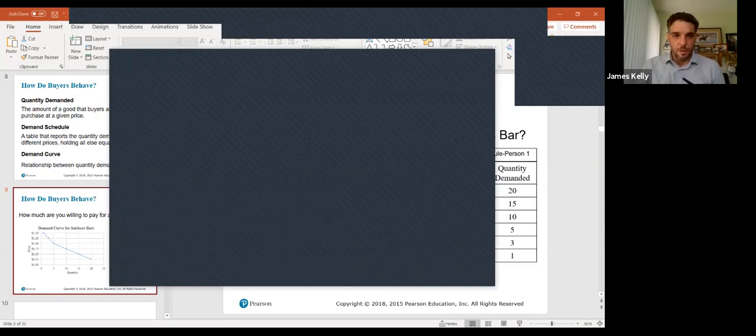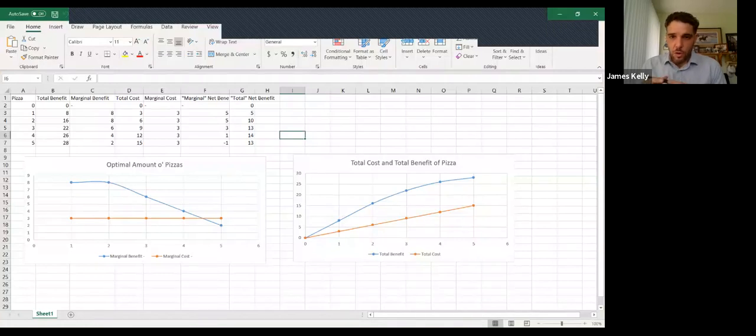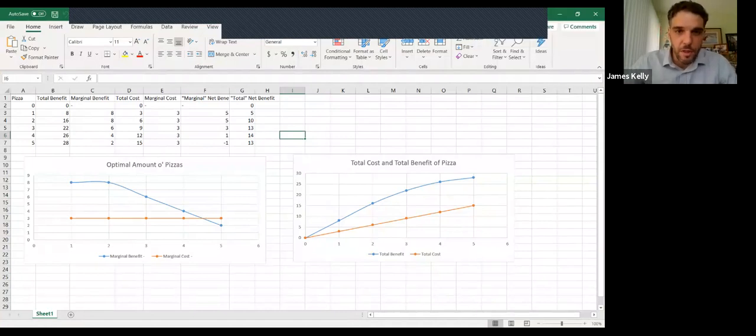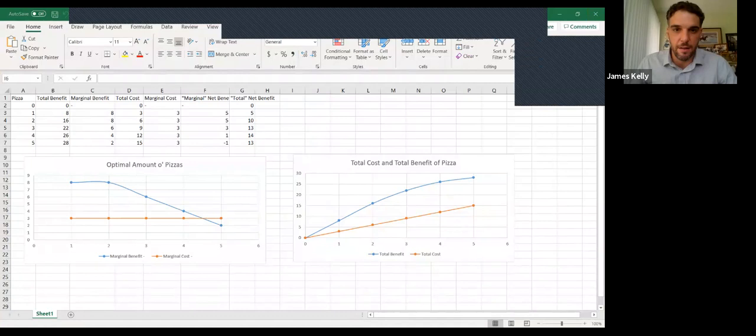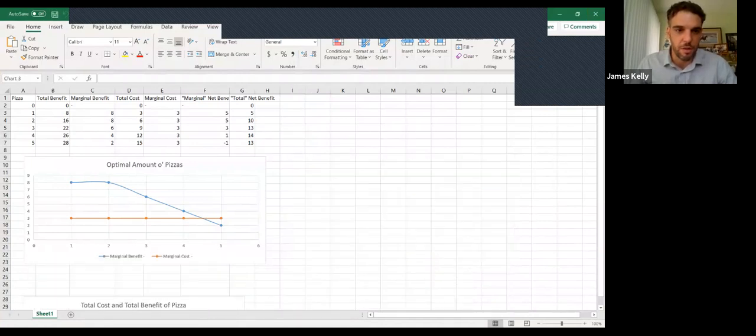How many pizzas should we consume? So as not to be confused, we're just going to look at the marginal graph, so we'll get rid of the total graph here.